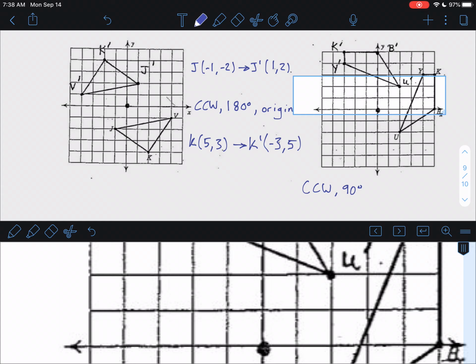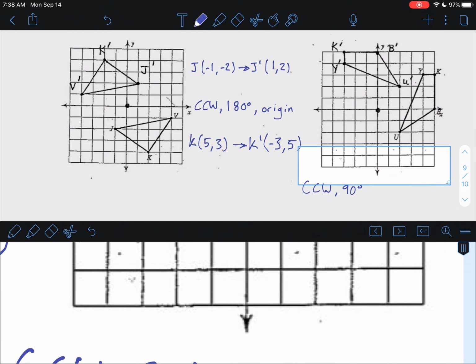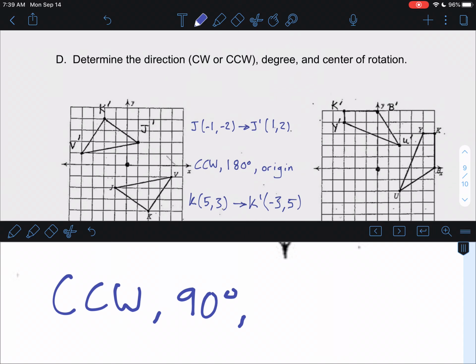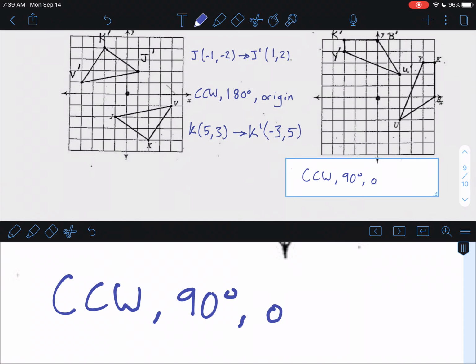If you were going from 2 to 1, that would be a 270-degree rotation. Okay, counterclockwise, 90 degrees, and once again, the center of rotation is the origin, because we're not going to see anything that isn't about the origin in this class.